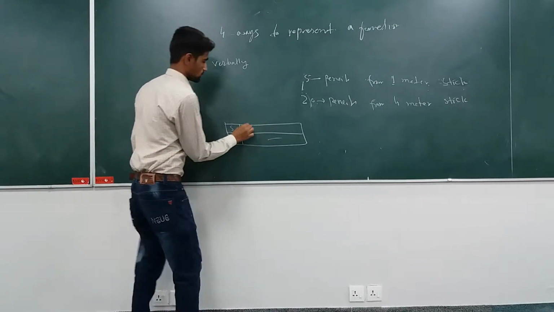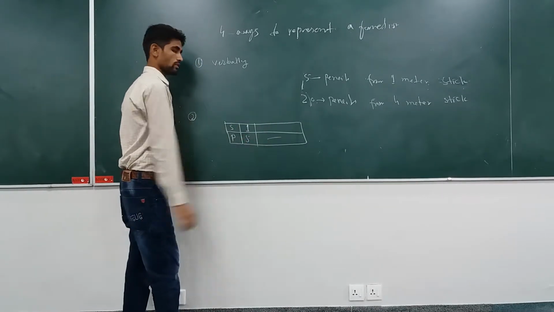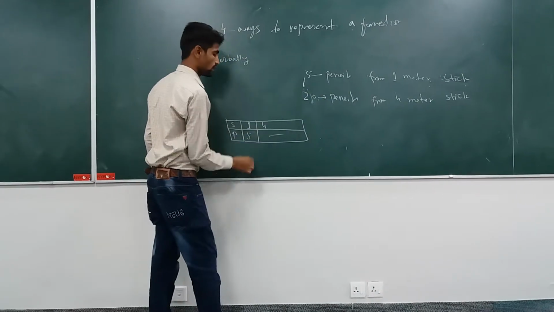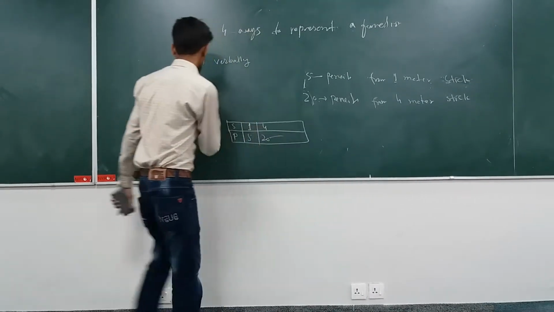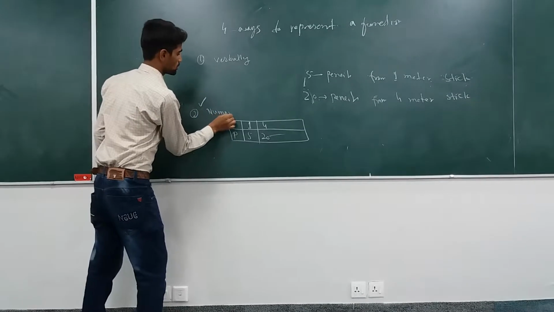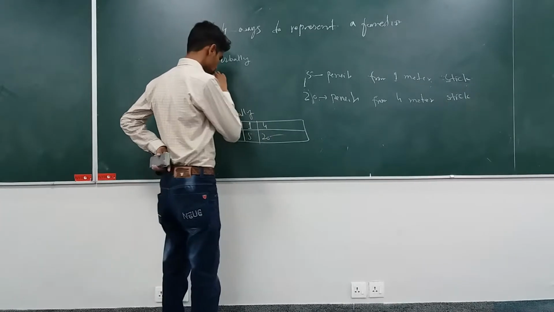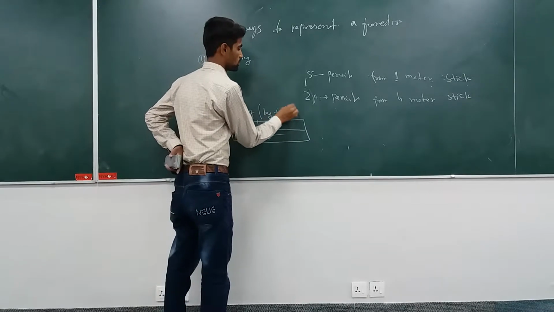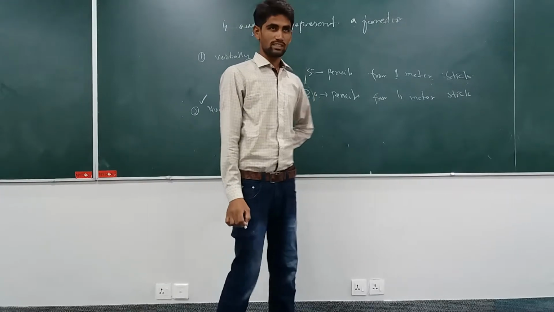If I give a 1 meter stick, I get 5 pencils. If I give a 4 meter stick, I get 20 pencils. This is our second representation, known as numerical, or by means of a table.